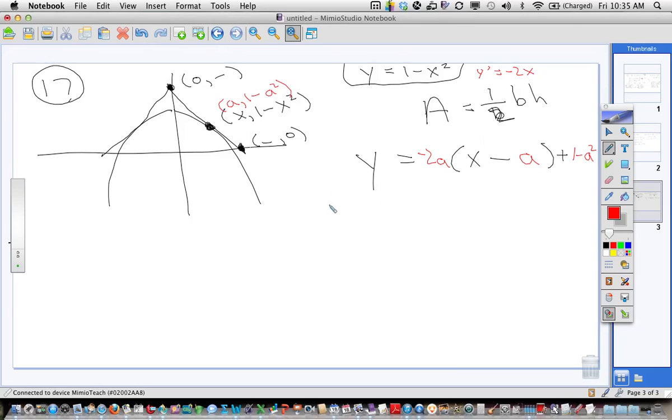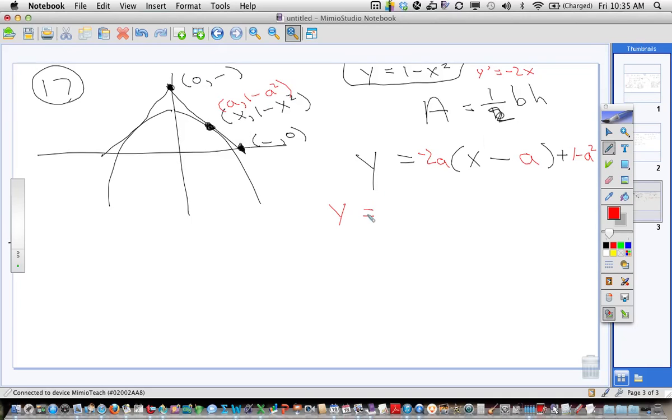Now let's go ahead and distribute that out a little bit. Actually, it's probably not even smart to distribute that out. It's probably best to leave it like that. So now let's do the top point, that's easy. We have the equation of the line right here. Now let's put a 0 in for x. So what do we get?